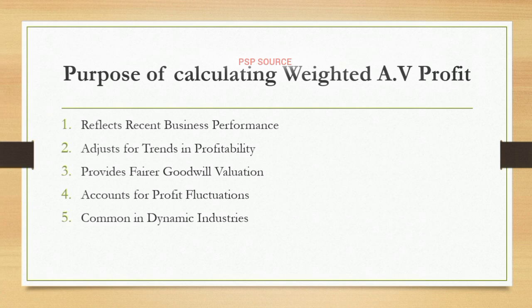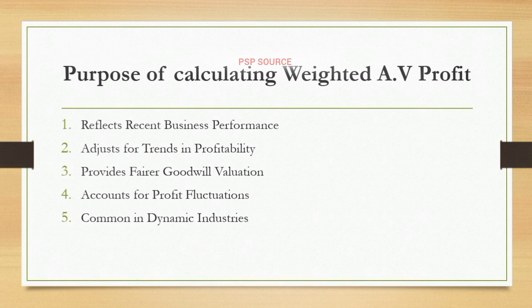If we are facing a profit trend, then the weighted average ensures a reasonably higher profit. On the other hand, if the profit trend decreases constantly, then the weighted average gives a more conservative value of goodwill.